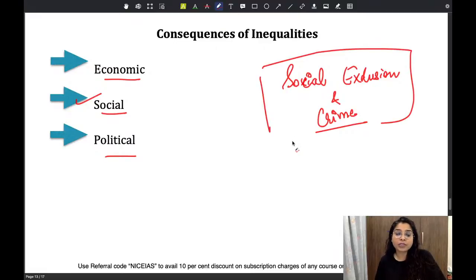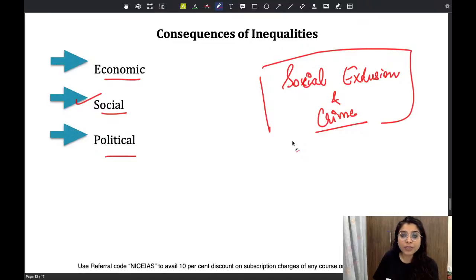I will not go into the details of it, but when an individual is excluded or discriminated and does not have access to legitimate means, then to reach the goals, they adopt illegitimate means. This is a theory also stated by Merton, one of the classical sociologists.